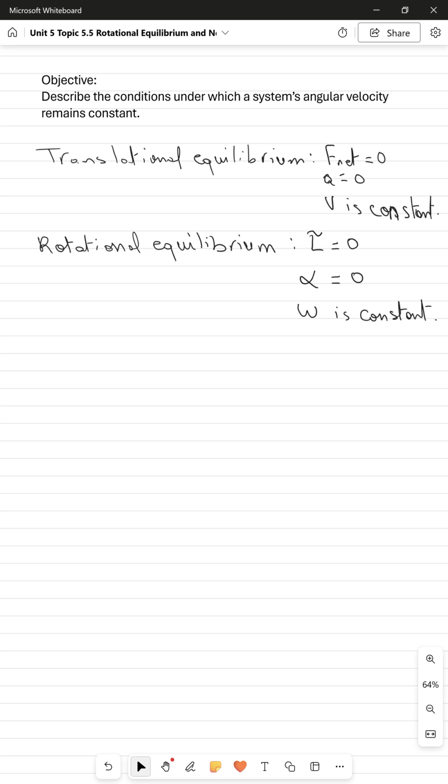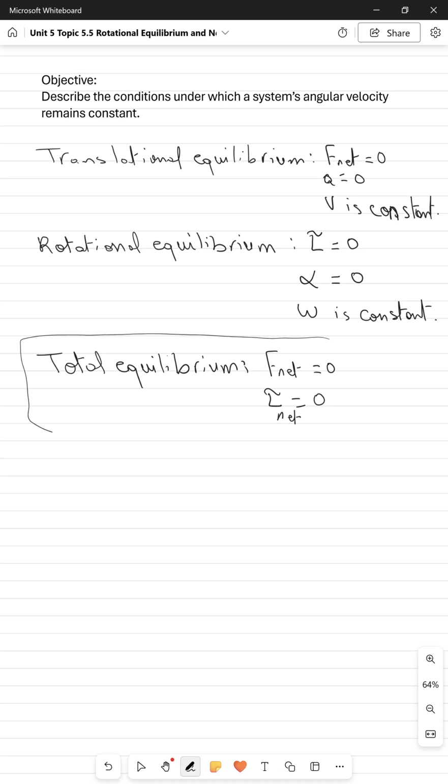And we have what we call the total equilibrium. In that case, both the net force is 0 and the net torque will be 0. So that's an important one when they tell us the total equilibrium.